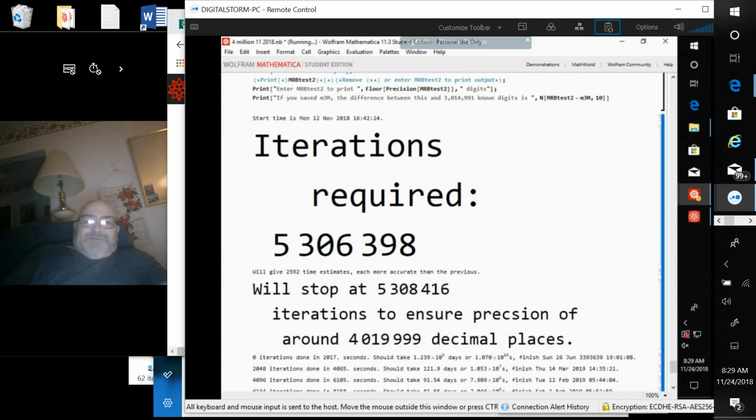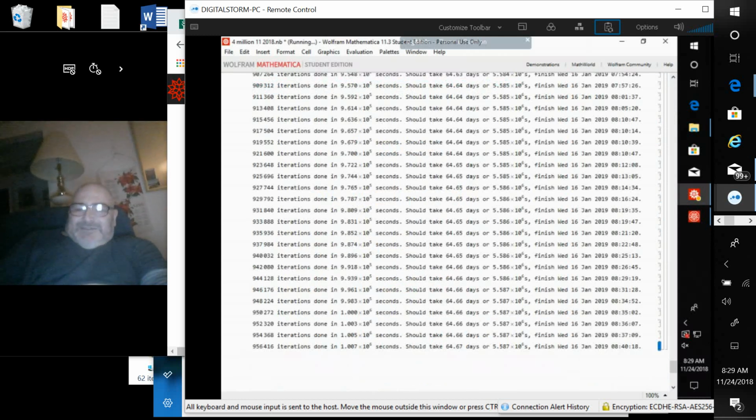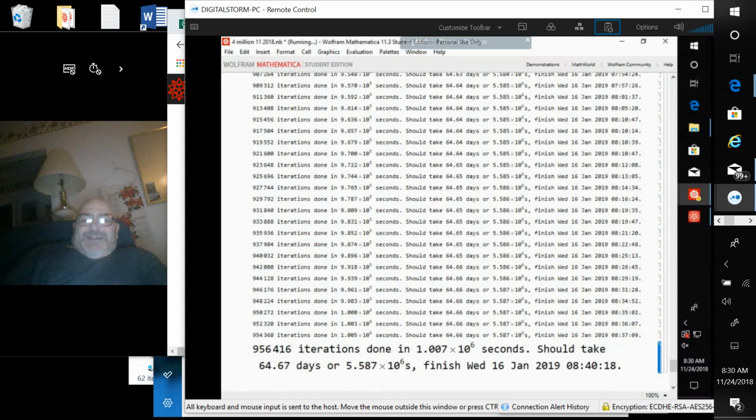The progress as of a few minutes ago, before I started, or the progress now. I haven't magnified it yet, so I can use this one. Control or Alt plus from Mathematica. We're at 956,416 iterations. Go to my calculator, see if that's the one I calculated or not. I might have calculated the one before that, which had been a few minutes ago.